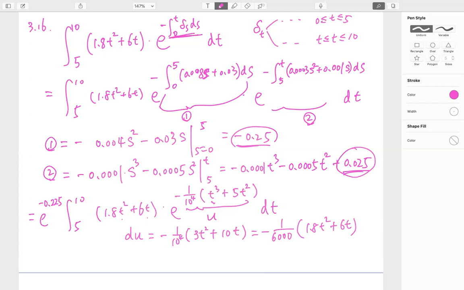Then it becomes this, right? So with this in mind, I need to change. So let's keep this. So basically you're supposed to plug 5 in for u all the way, but let's temporarily leave them. Okay. So I know this is e to the u.